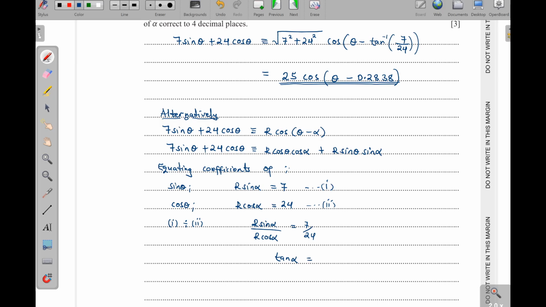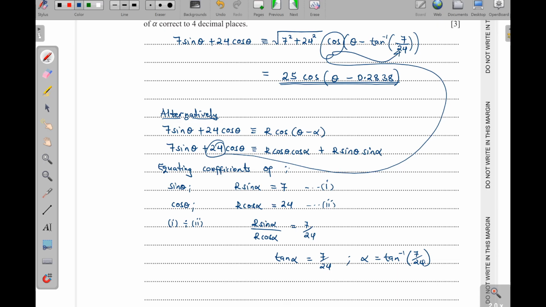So tan alpha shall be equal to 7 out of 24. Do you see that our alpha is equal to the arctan of 7 out of 24, which is exactly here? You see that the coefficient of cosine, if I'm expressing in terms of cosine, is the one that goes below there.